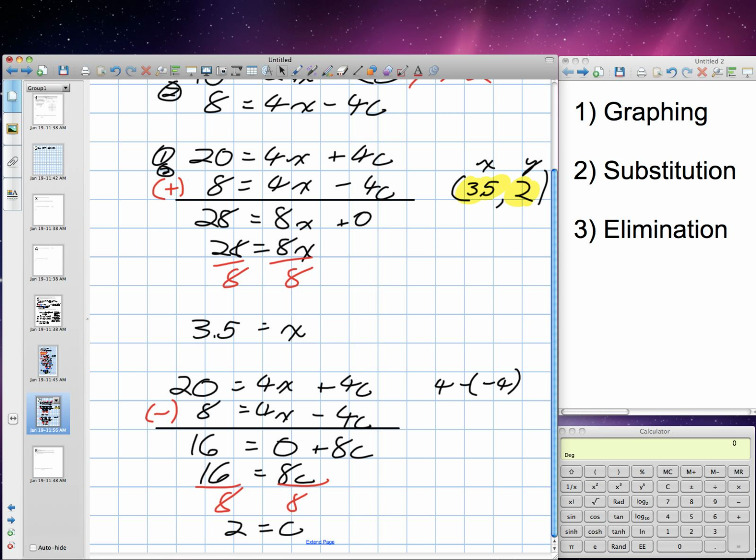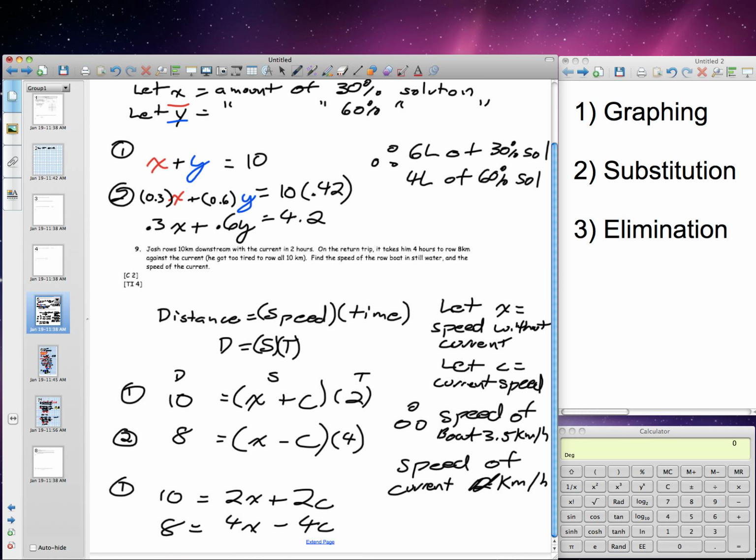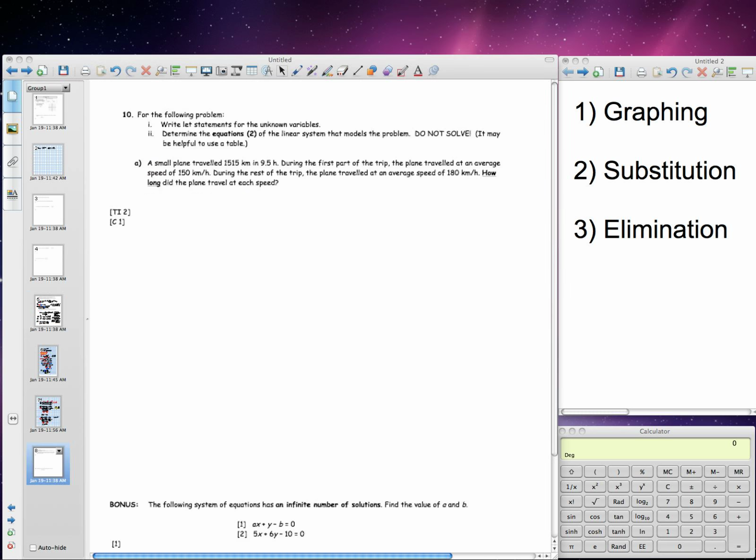Clearly I need to work on my subtraction. 20 minus 8 is not 16, it is 12. So 12 divided by 8 makes that 1.5. That makes a little more sense. So the speed of the current is 1.5 kilometers an hour. There we go. Now we got it.